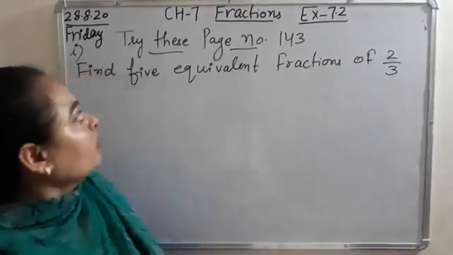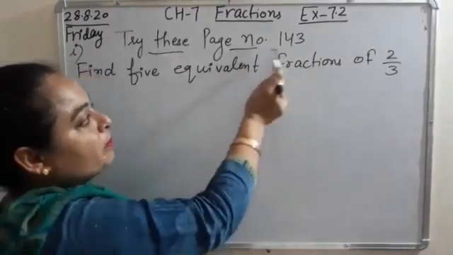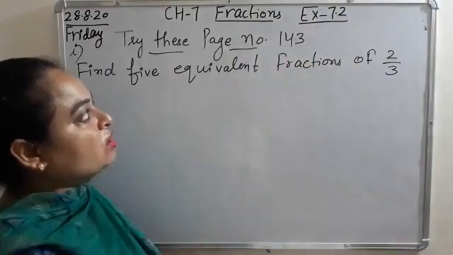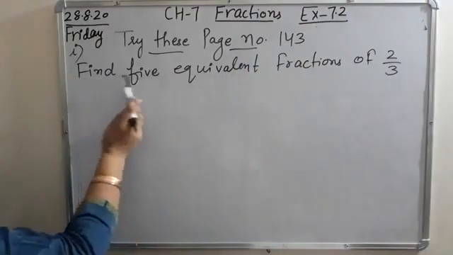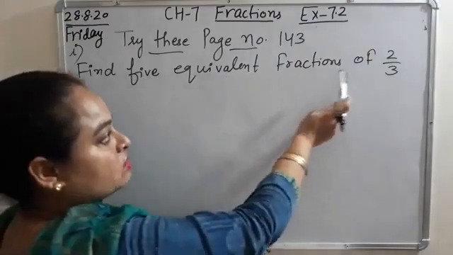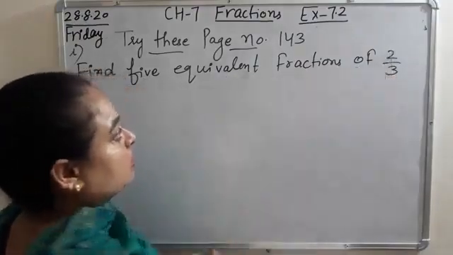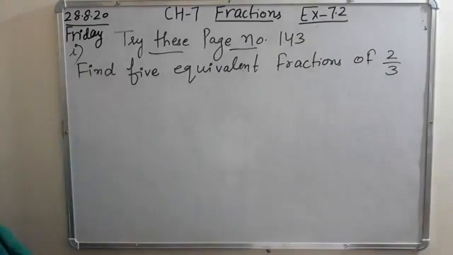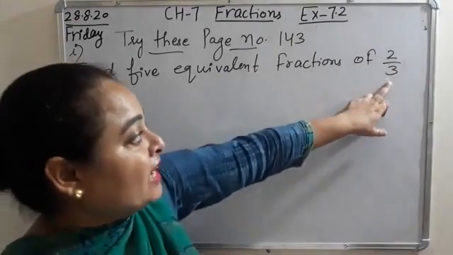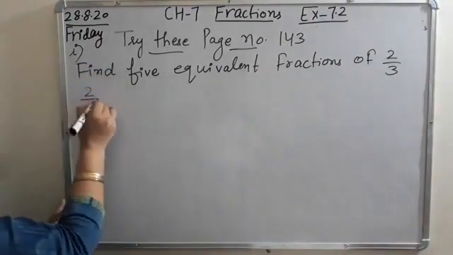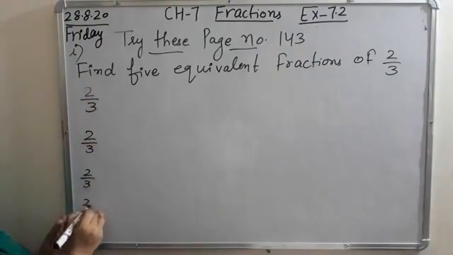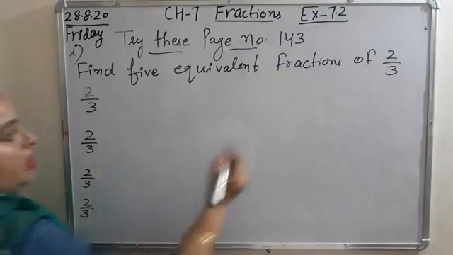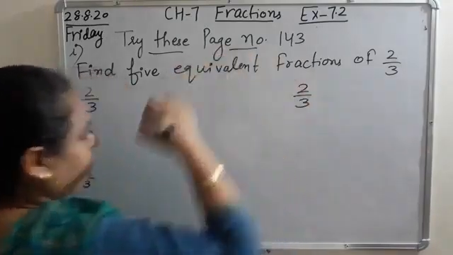Now come to the Try These from page number 143, questions based on equivalent fractions. Find 5 equivalent fractions of 2 by 3. So in the first step you will write this 2 by 3 5 times: 1, 2, 3, 4 and here 5.